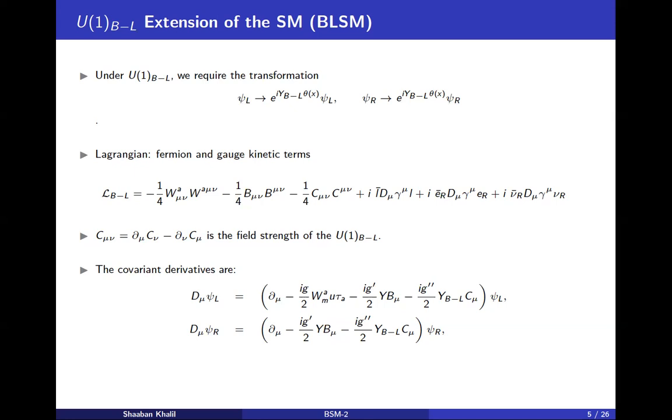Now we come to the fermion part, which contains the covariant derivative D_mu.